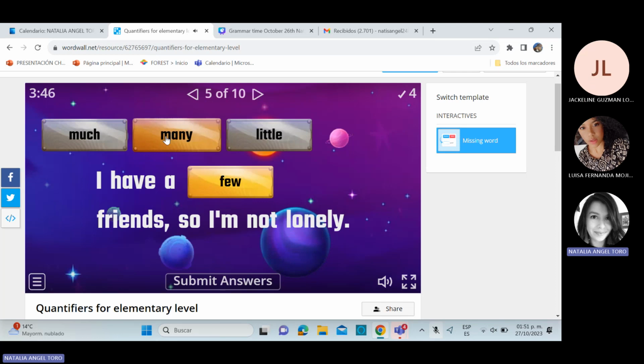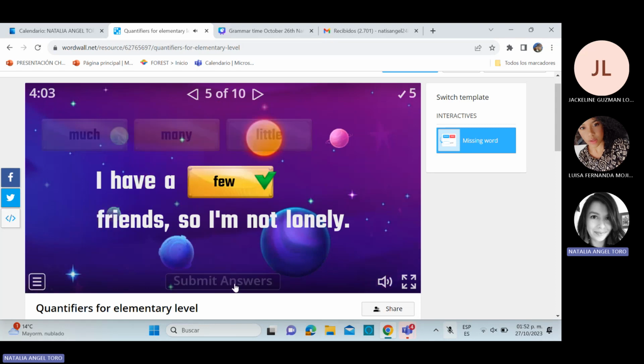If you want to use, for example, many, that is for countable, it doesn't work because I have a preposition here. So that's why we use few. So I have a few friends.